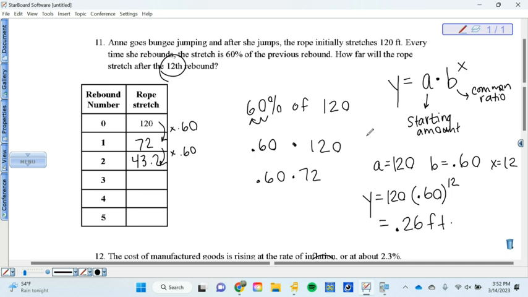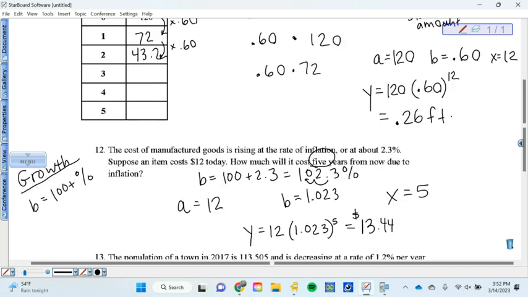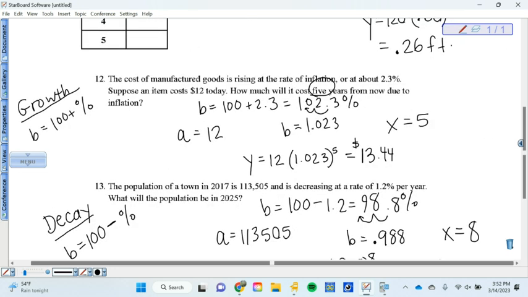It's just a different way of saying it, which is where these get a little confusing and you really have to pay attention. Does that make sense? But yeah, the bouncy ball one, you don't have to subtract anything. The percent is the common ratio. But for these ones down here, we have to calculate the common ratio. Does that make sense?